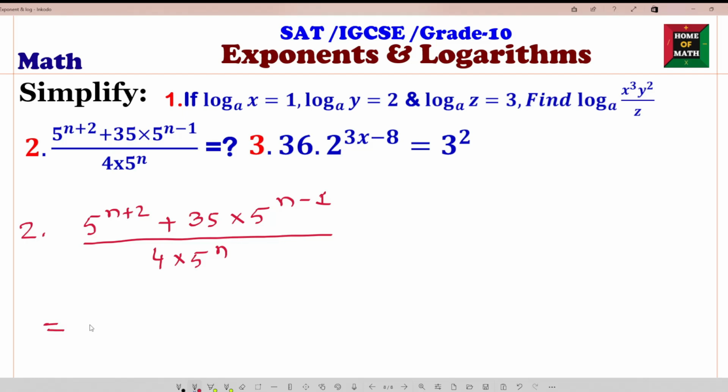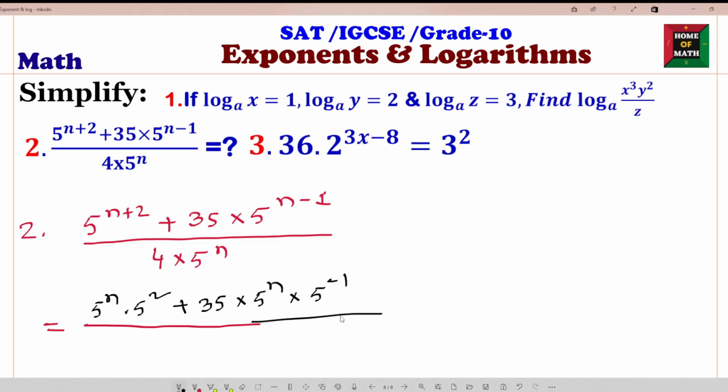First we can write 5 to the power n times 5 squared plus 35, times 5 to the power n times 5 to the power minus 1, right? Why? Because we know a to the power m plus n means a to the power m times a to the power n, right? And here is also 4 times 5 to the power n.